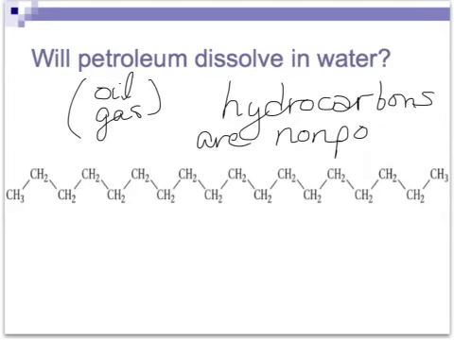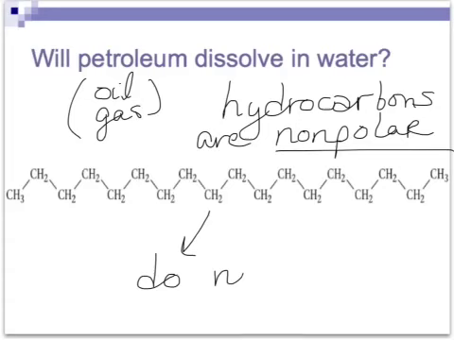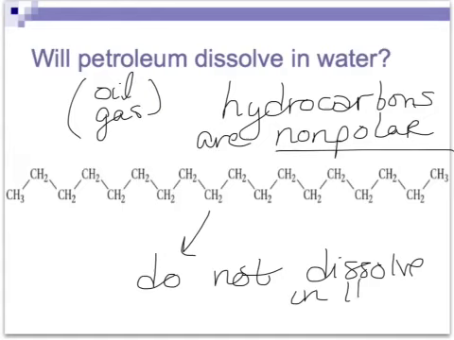The electronegativity of carbon and hydrogen are very, very similar, and so one of them doesn't hog the bonding electrons more than the other. And because it's nonpolar, hydrocarbons or petroleum-based materials do not dissolve in water because water is polar. They would dissolve in other hydrocarbon-based materials, other nonpolar materials.